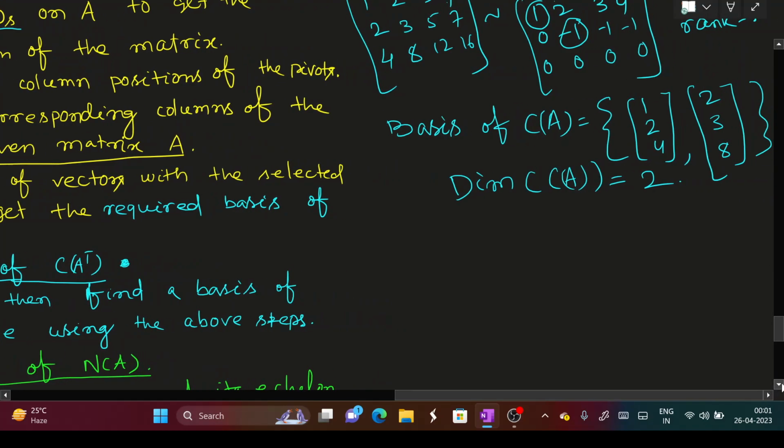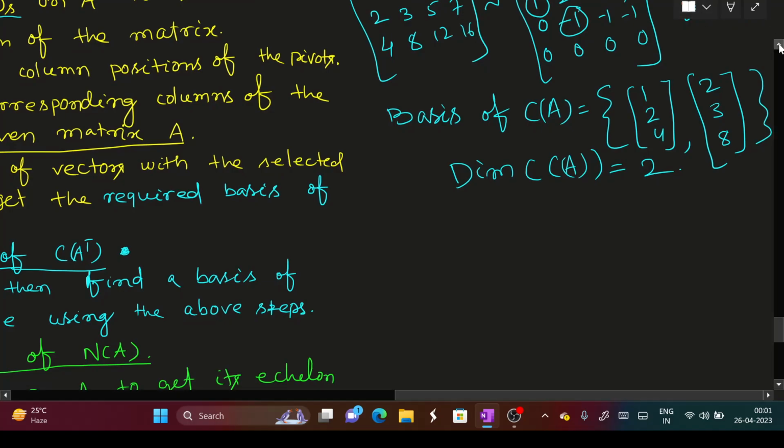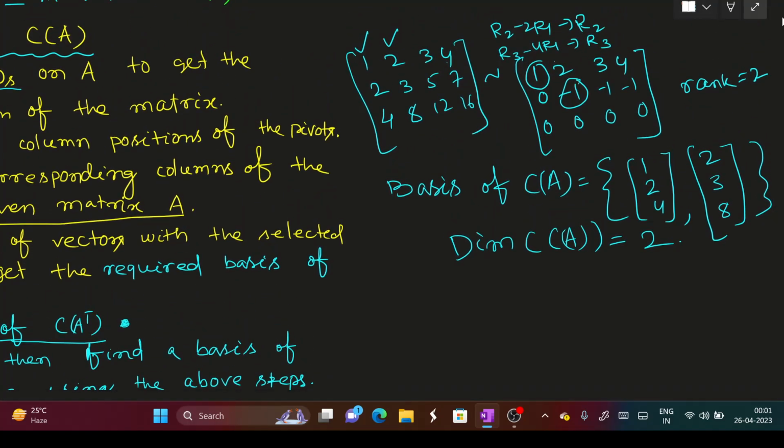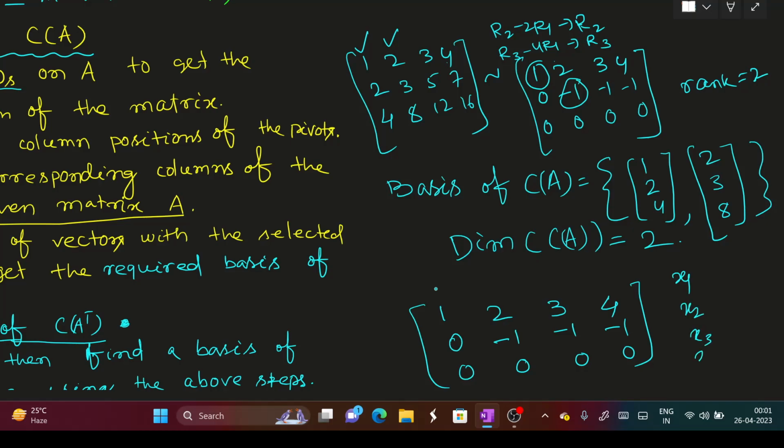Now let us find the basis of null space for the same matrix. Its echelon form is 1, 2, 3, 4; 0, minus 1, minus 1, minus 1; 0, 0, 0, 0, multiplied by x1, x2, x3, x4.